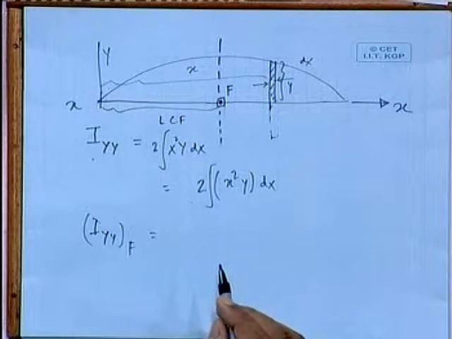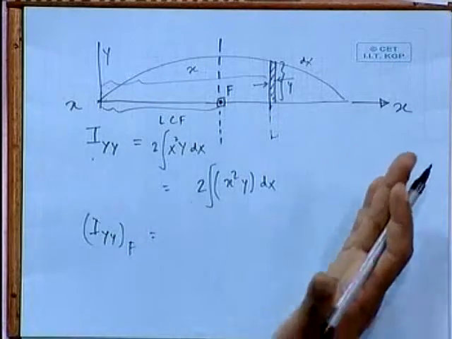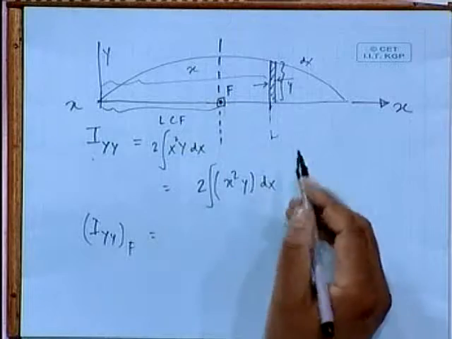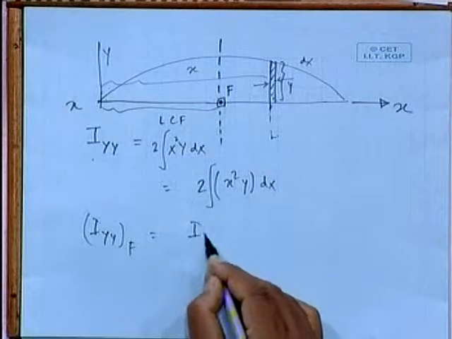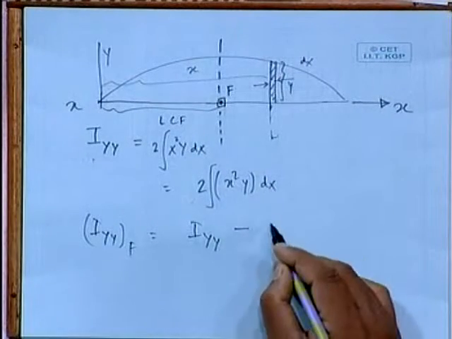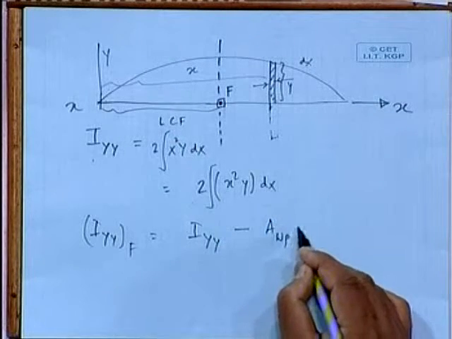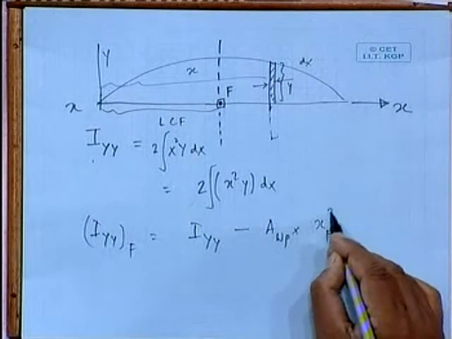There is a simple formula of parallel axis theorem. See, it says that this is given by Iyy minus area of water plane into xf square.